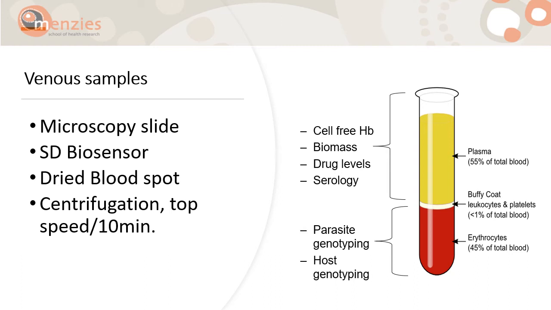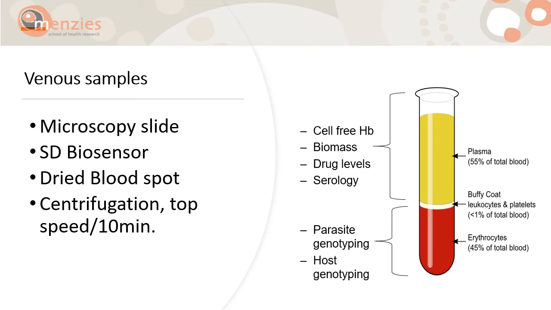So an overview of what the samples will be used for. The venous samples taken on day 0 and recurrence will be used for a microscopy slide, an SD biosensor which will give a G6PD reading and a hemoglobin reading, dried blood spot, and centrifugation at top speed for 10 minutes.